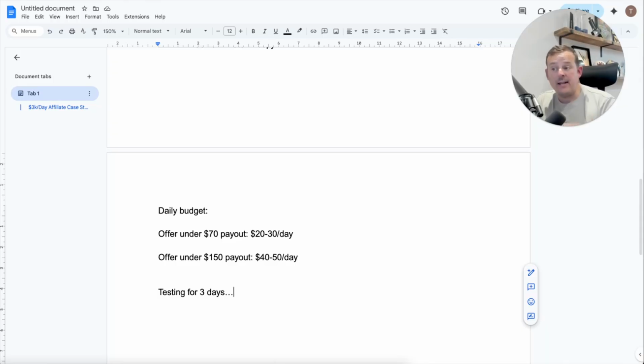So if you're spending $100 in a day and you're not seeing any results, there may be temptation to turn everything off because there's no results, right? Whereas for me, I just want to step away. I don't want that temptation. I want to let things run. I don't want to be tempted to turn things off too early.